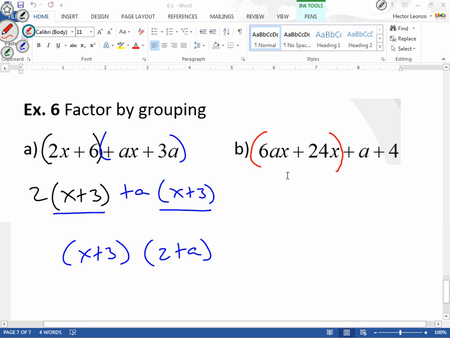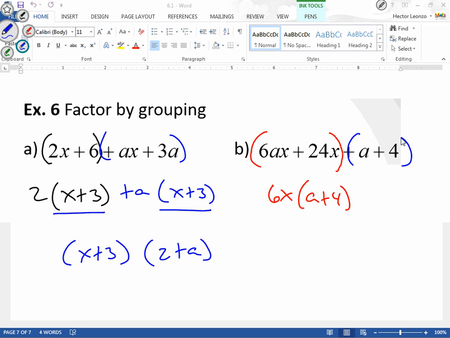So here, number-wise, I can divide both of them by 6. Letter-wise, I can divide both of them by x. So I'm going to factor out 6x. When I divide both of them by 6x, I'm going to have a plus 4. Now, on the second group, positive a plus 4, I have to factor something out. My greatest common factor here is 1.